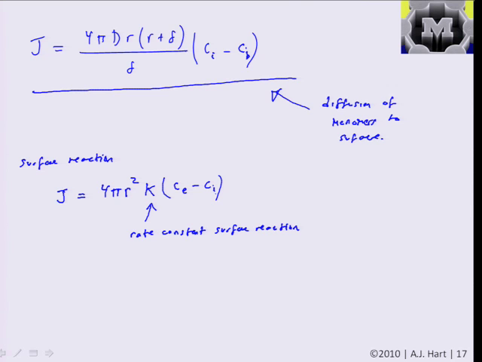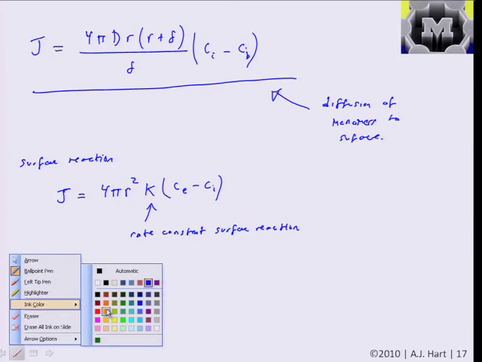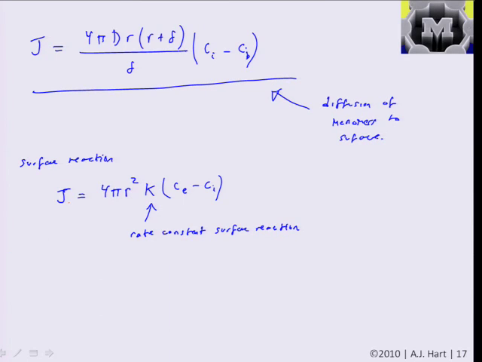So now I'll say this is orange, this is J for the surface, and this is J for diffusion.